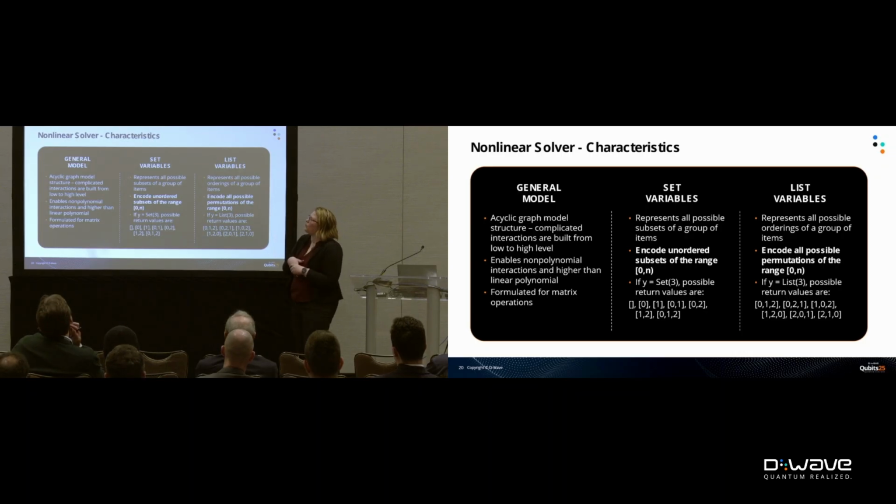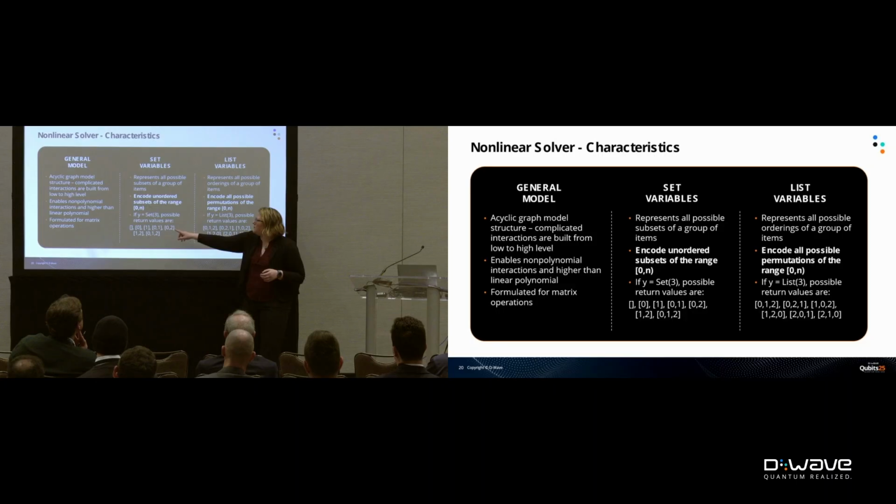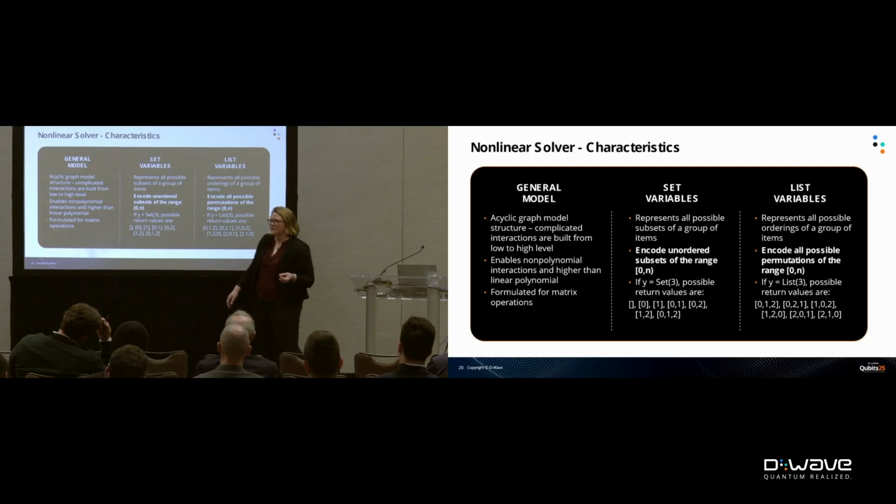Then what we'll talk about today are different variable types. So we have set variables that encode unordered subsets of a specified range. For example, if you set y equals set 3, that's defining a variable where the return values will be any subset of 0, 1, 2, including the empty set.